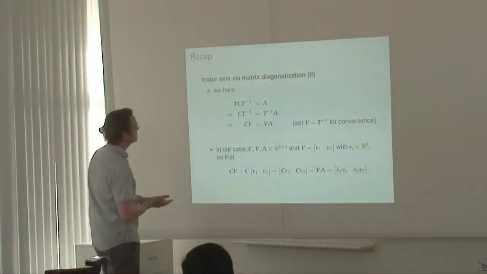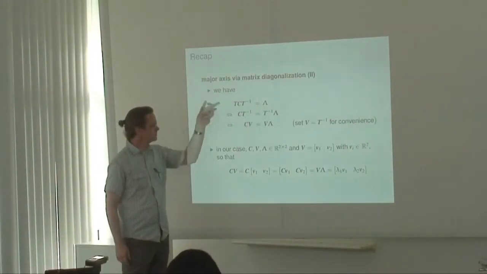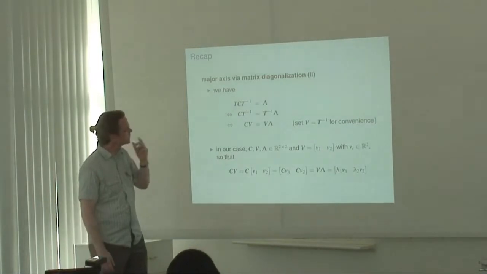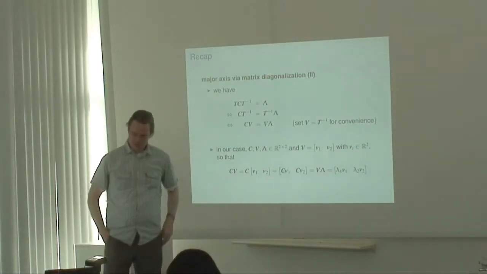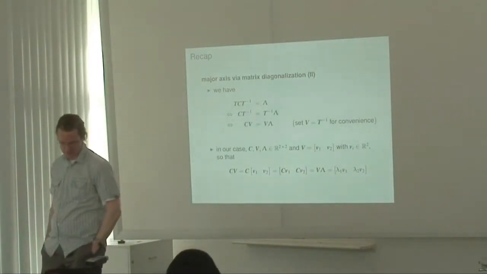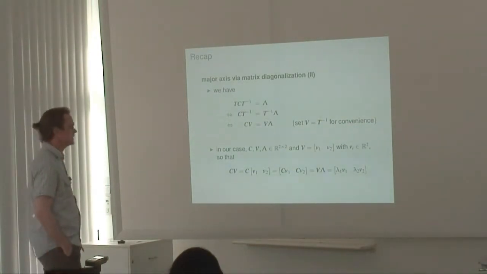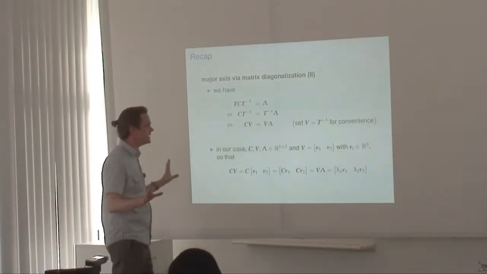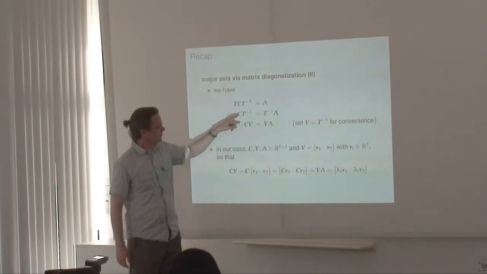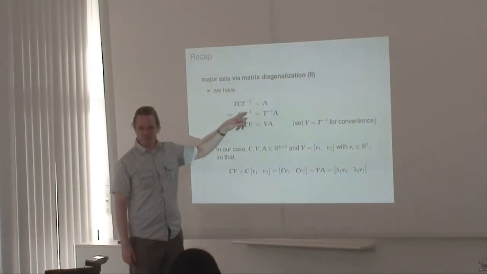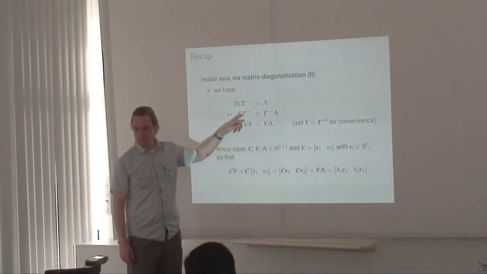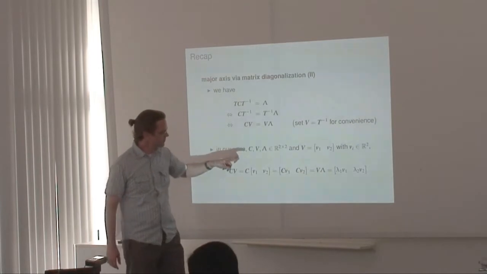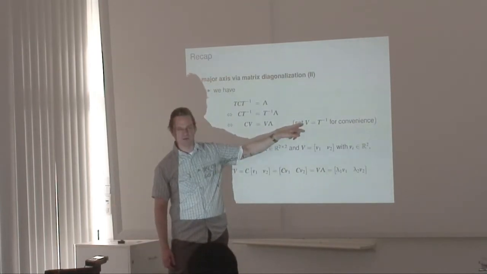Now then, if we multiply both sides of this equation with the inverse of T from the left, we get C times T inverse equals T inverse times lambda. And just because of my laziness, I am way too lazy to write T inverse all the time, and so it shall be called V from now on. All right?